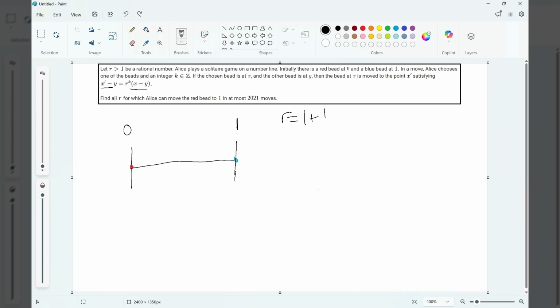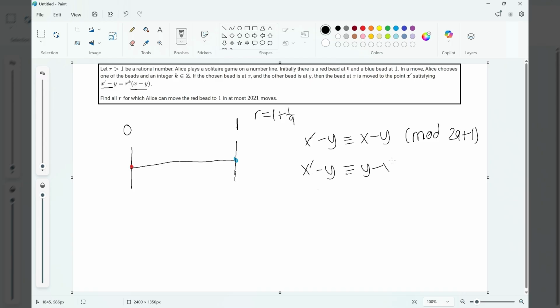So that means that we get x prime minus y is equivalent to either x minus y mod 2q plus 1, and we're also using r equals 1 plus 1 over q. Or we have x prime minus y is equivalent to y minus x mod 2q plus 1.